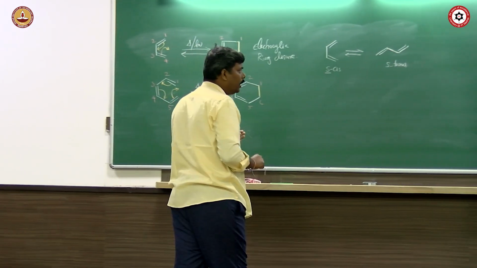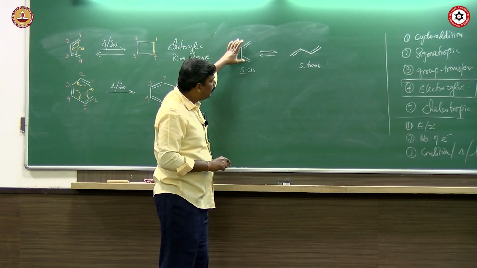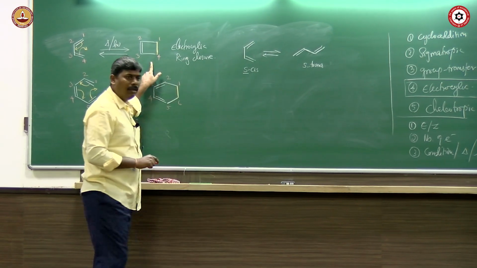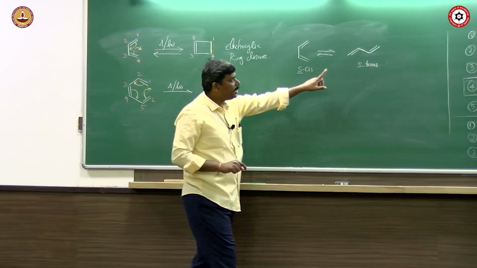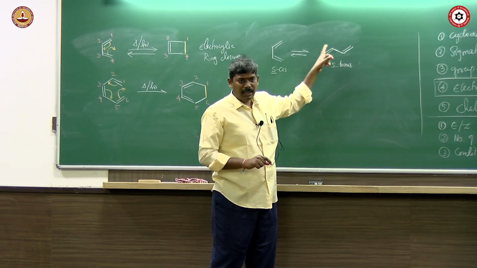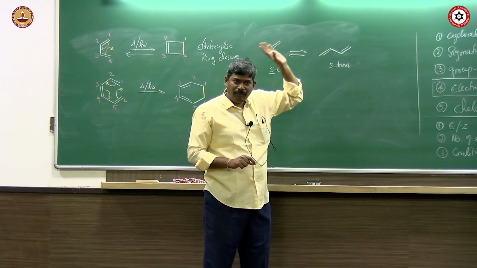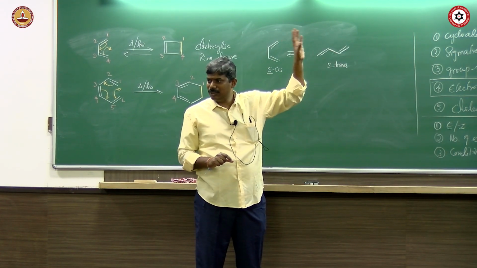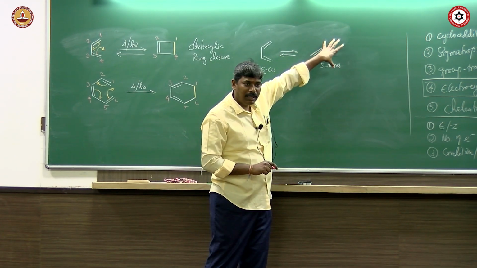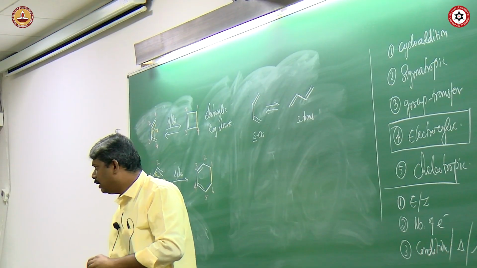If you take a butadiene, you have to have an S-cis form, then only the terminal carbons can interact to form the product like what I mentioned here. If it is in an S-trans form, they will be far away, they can never interact and give you a product. Which means, if you have a substrate which has exactly an S-trans form, you would potentially not have a reaction occurring.